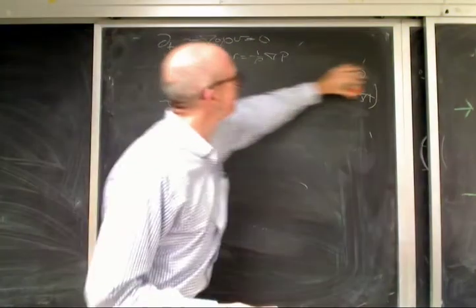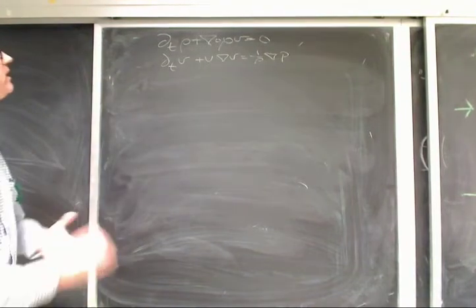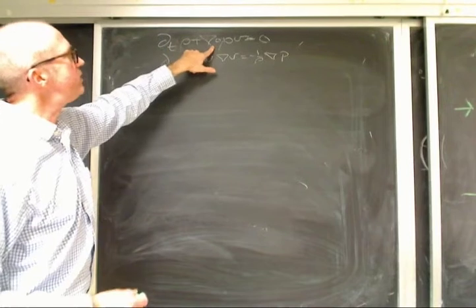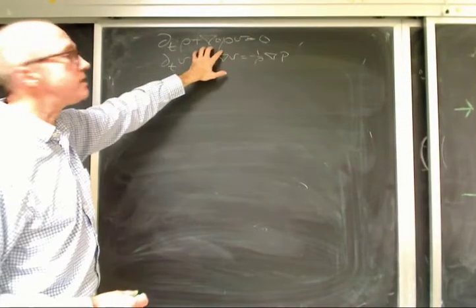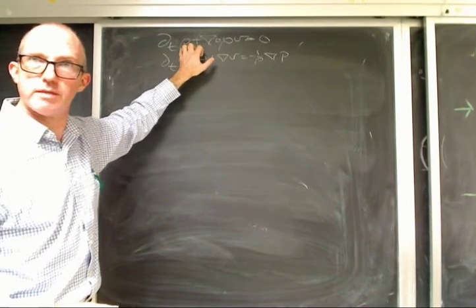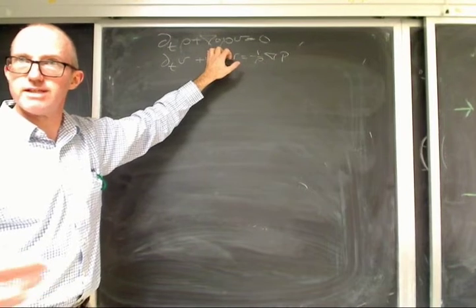Let's start. Okay, so continuity: d rho dt plus div rho v is 0. This has the form of a conservation law: the partial rate of change of something plus the divergence of its flux, which is the stuff coming out the surface.